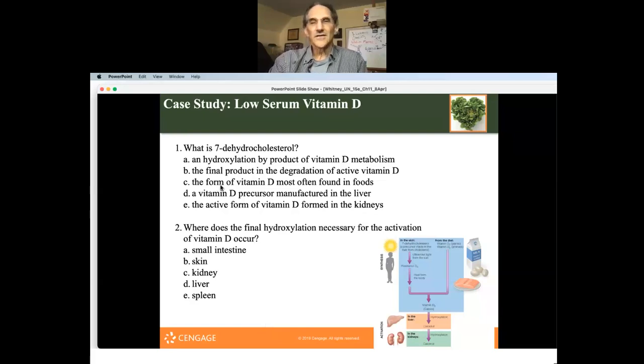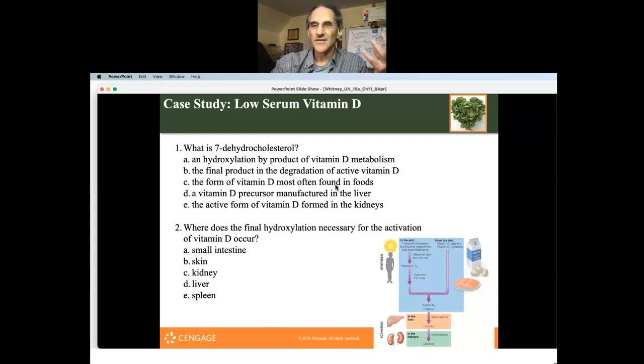Now, if we look at what's being asked here, we know it's a chemical, and this jumps right out, that it's a form of cholesterol. So that should give us an idea.